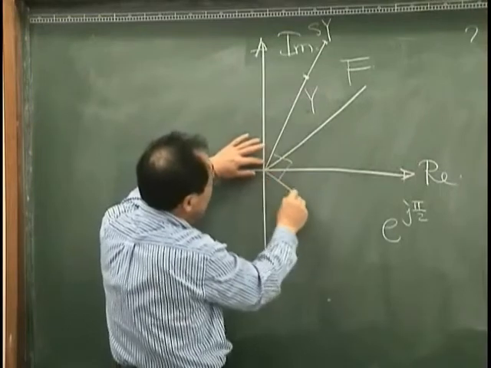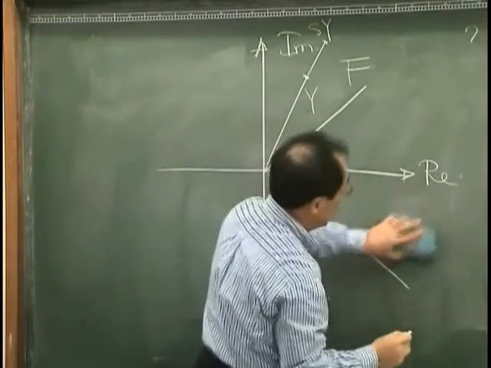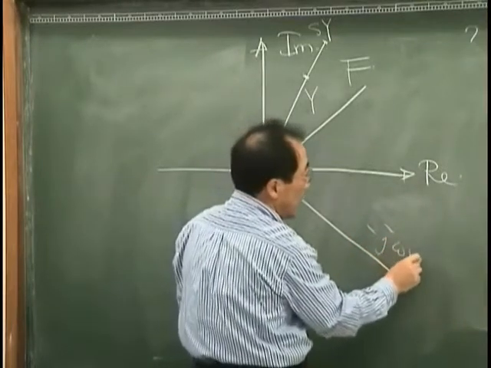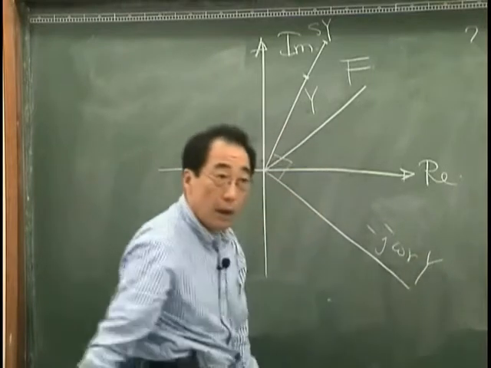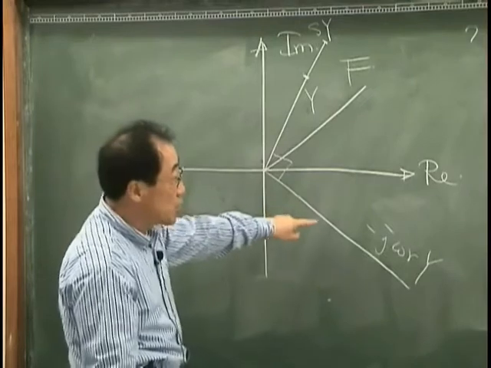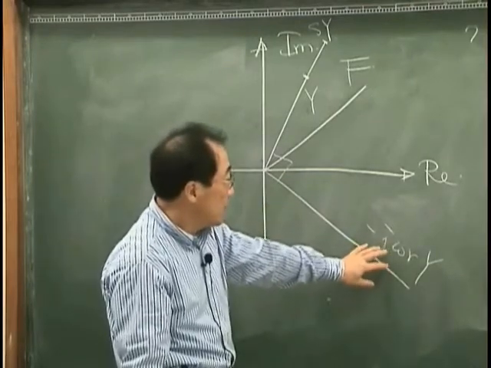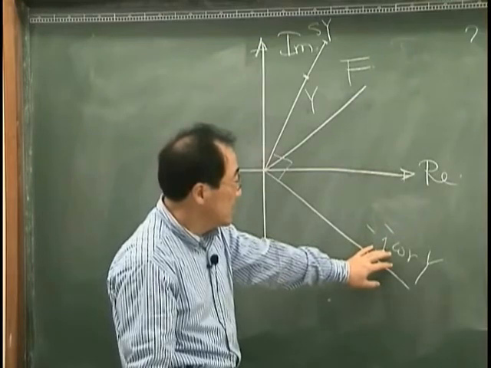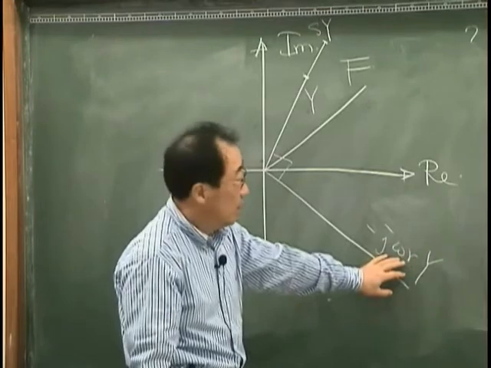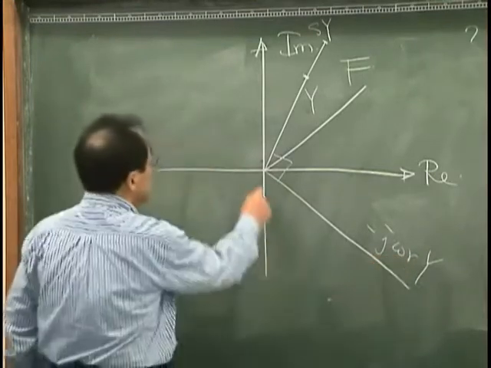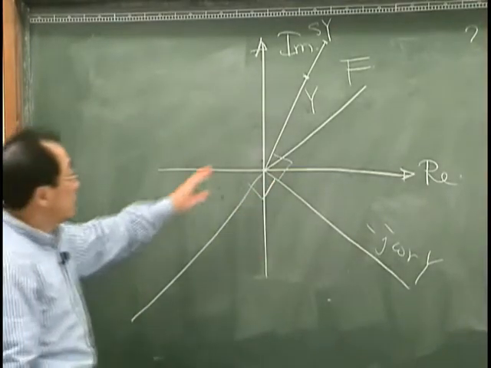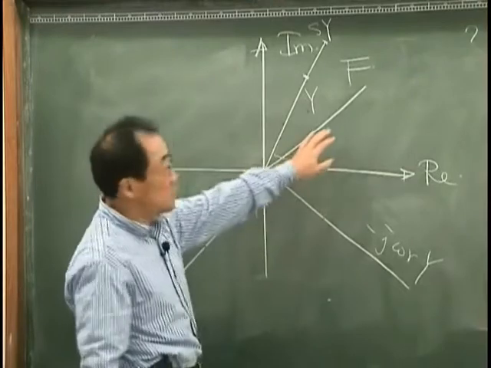So I have to go this way, and that is minus j omega c y. And also, I have omega square m multiplying minus j omega over here, scaled with m, right? So that is another 90 degrees over here. And summing this has to be the same as f.